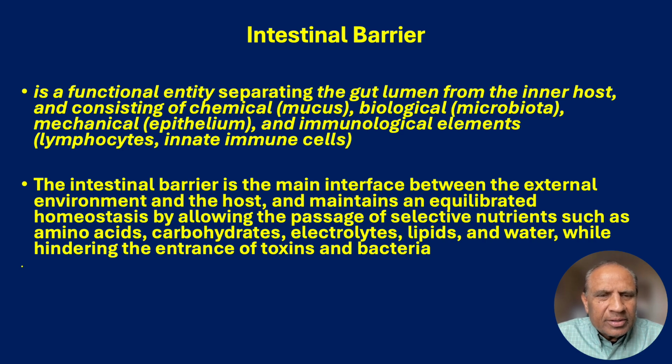The intestinal barrier is the main interface between the external environment and the host and maintains an equilibrated homeostasis by allowing the passage of selective nutrients such as amino acids, carbohydrates like glucose and different types of sugars, electrolytes like sodium, potassium, chloride, calcium, magnesium, lipids like fats, and water, while also hindering the entrance of toxins and bacteria.